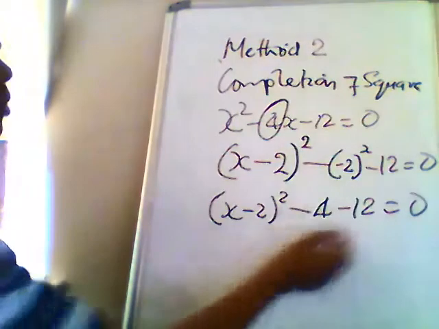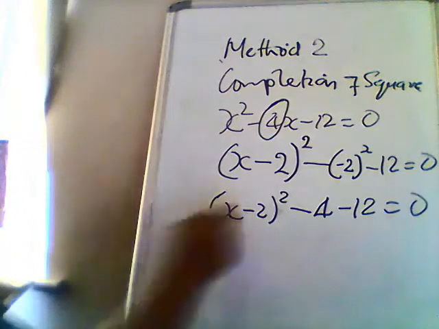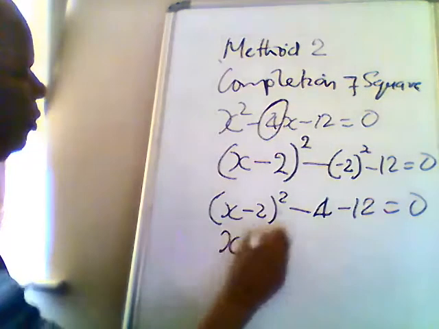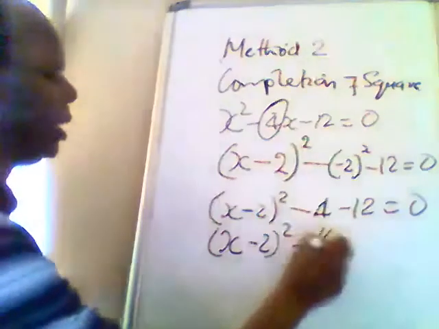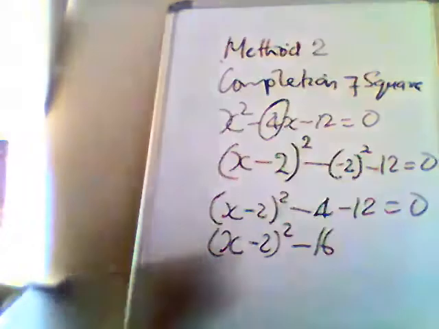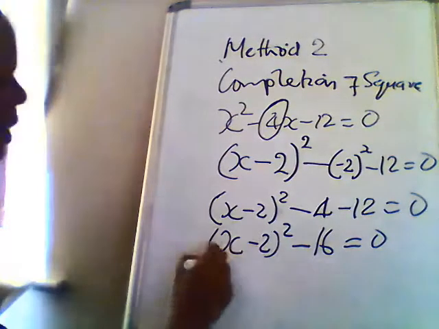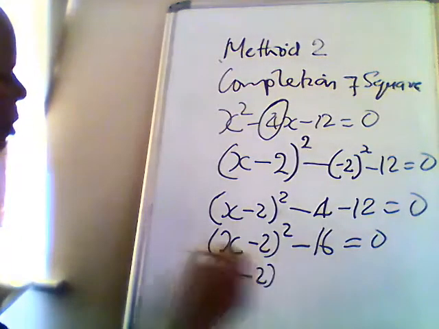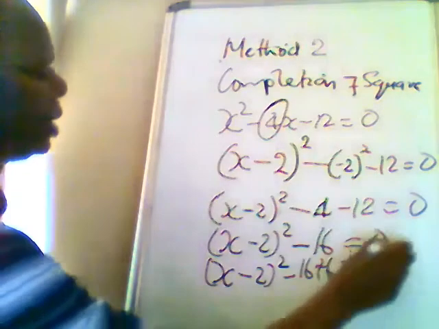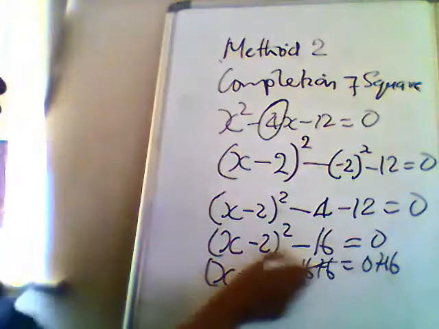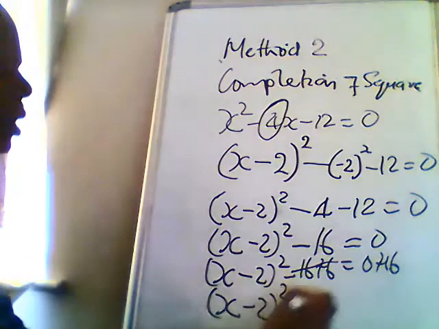I'm going to add these because it's minus 4 minus 12, and they are both constants. So I'm going to have x minus 2 squared minus 16 equals 0. Then I need to add the 16 to both sides. So x minus 2 squared minus 16 plus 16 equals 0 plus 16. And this cancels, so I have x minus 2 squared equals 16.